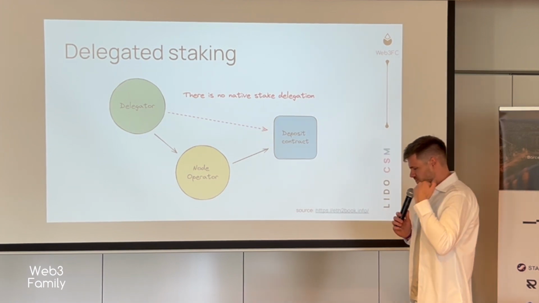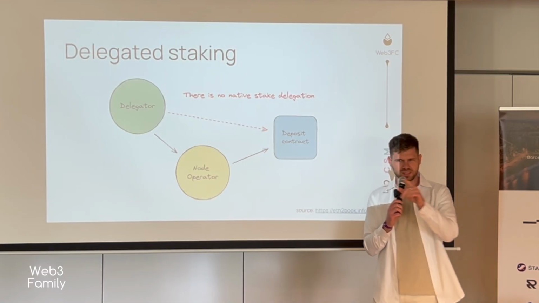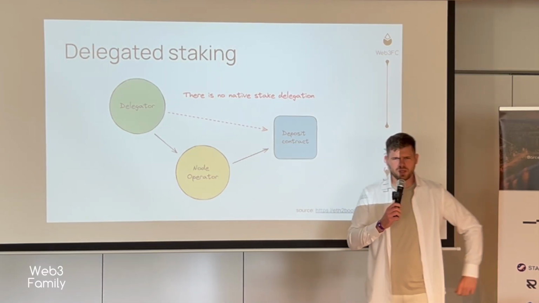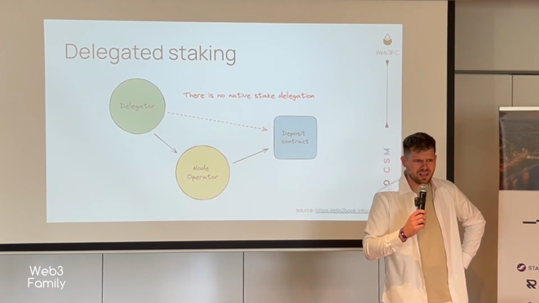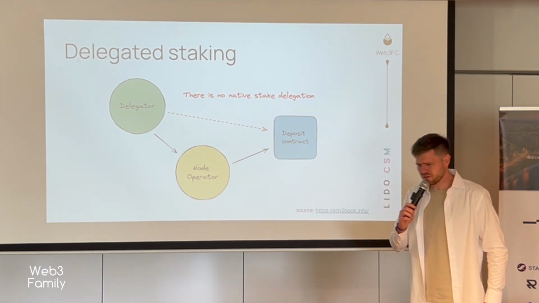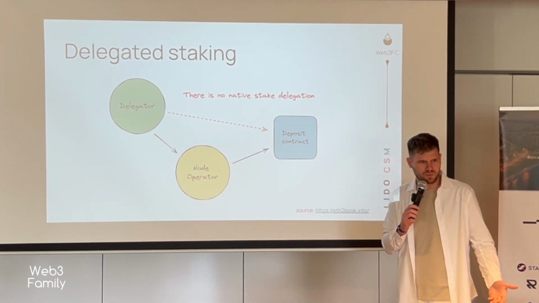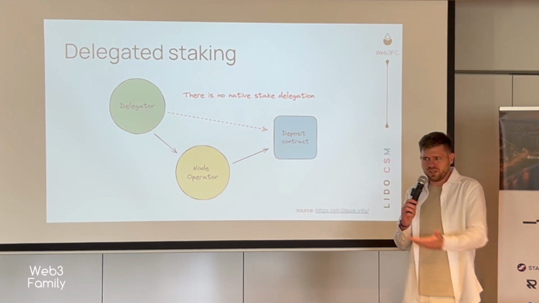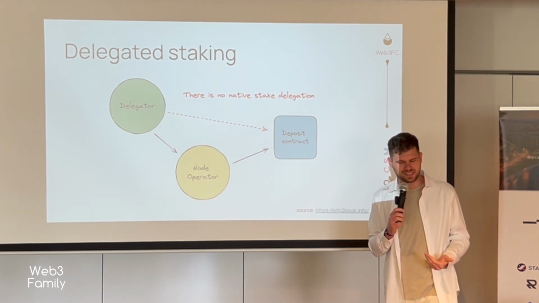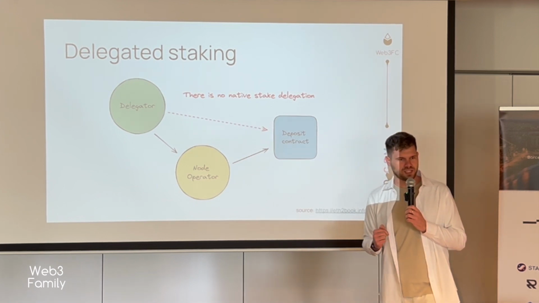And we have one additional thing. When I told you about 32 ETH, I noticed that some of you were looking at me like, hey man, we're talking about staking, and there's a thing called delegated staking. Like in any chain, you need a lot of money to run a validator. Why don't you just use money from delegates? And the problem is that Ethereum does not have such a feature.